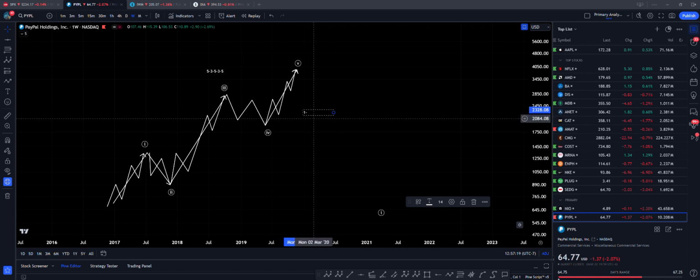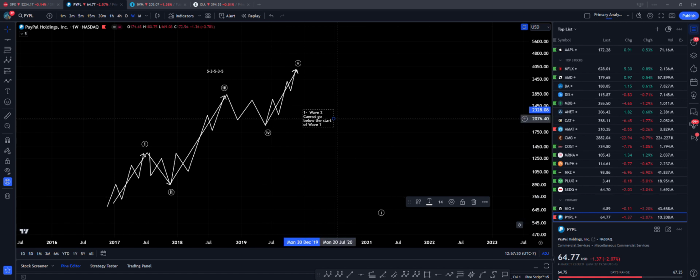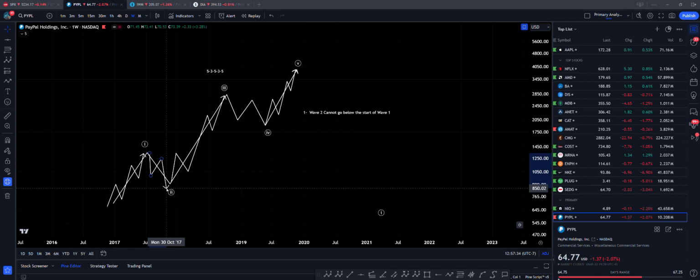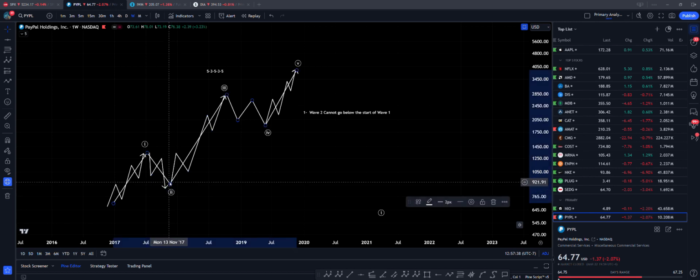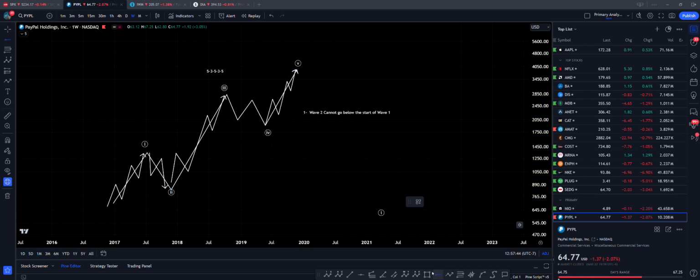The first rule is that wave two cannot go below the start of wave one. Basically, your wave two here cannot be like this. It has to stay above the starting of wave one, above this particular line.